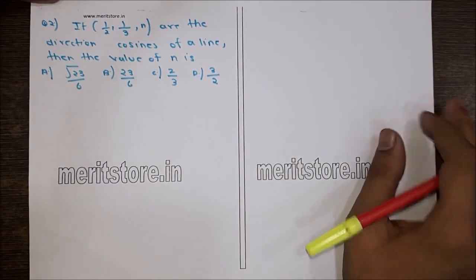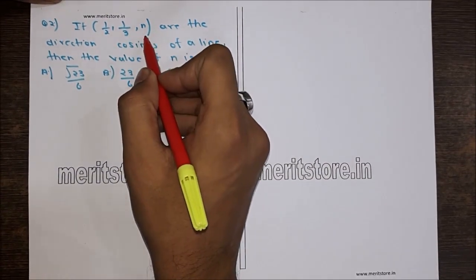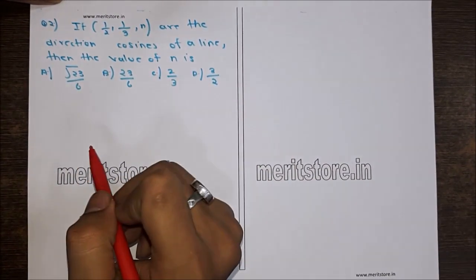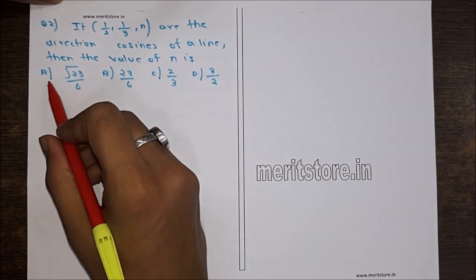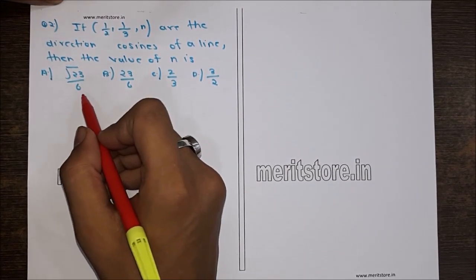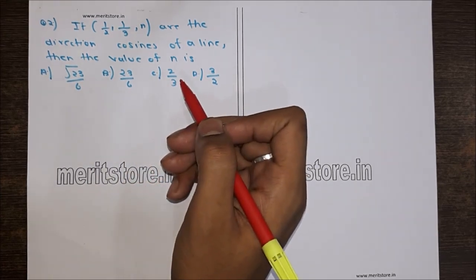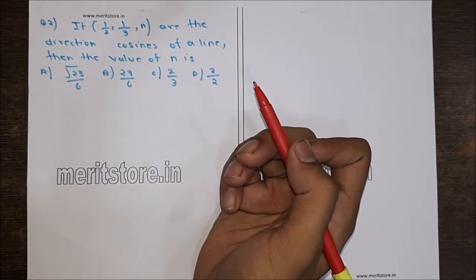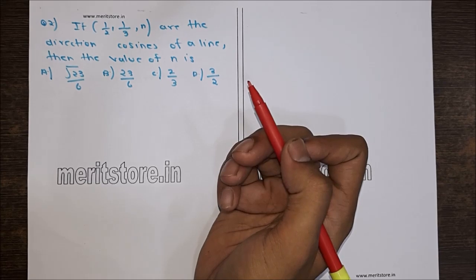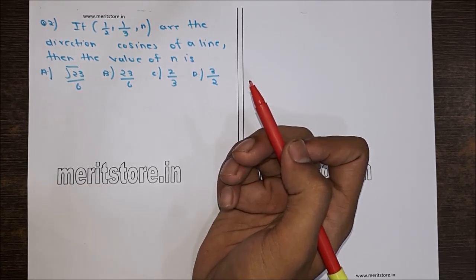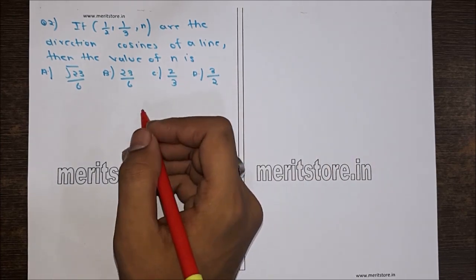Question number 2. If 1 by 2, 1 by 3 and n are the direction cosines of a line, then the value of n is: option A root 23 by 6, option B 23 by 6, option C 2 by 3, option D 3 by 2. So let us solve that.